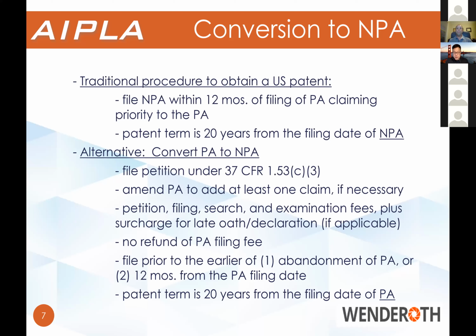So if a provisional application has a drawing, for example, and later the inventor or applicant decides that they want to get a design patent on a drawing that's in the provisional application, they can file a petition to have that provisional converted into a non-provisional application.